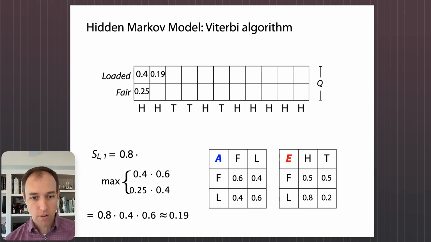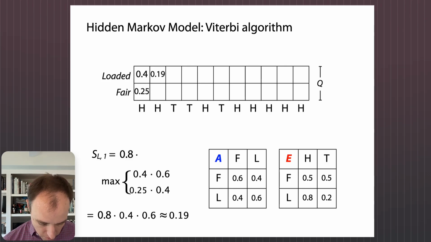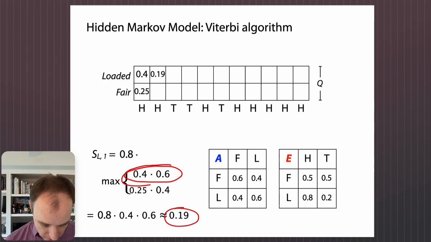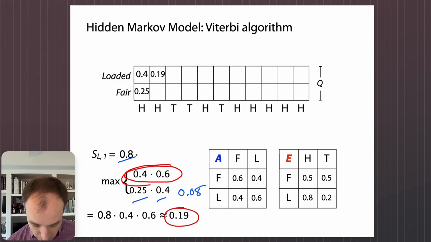There's actually more after the second decimal place, but I'm leaving that out. So 0.19, that's better than if we'd chosen, for example, this second option. So 0.19 came from the choice where we were loaded in the previous step. If we had chosen fair in the previous step, we would have had to multiply 0.8 times 0.25 times 0.4. That's 0.08. So that did not win the maximum.